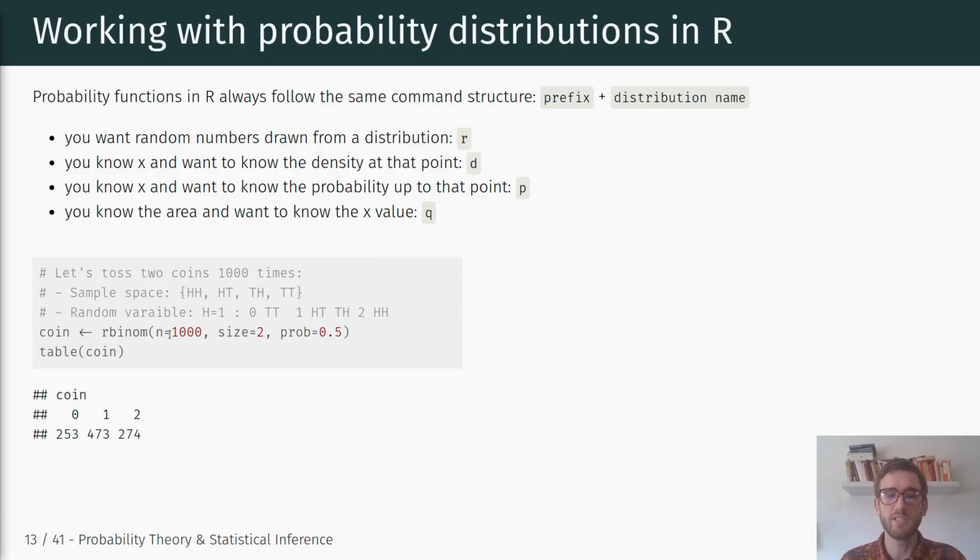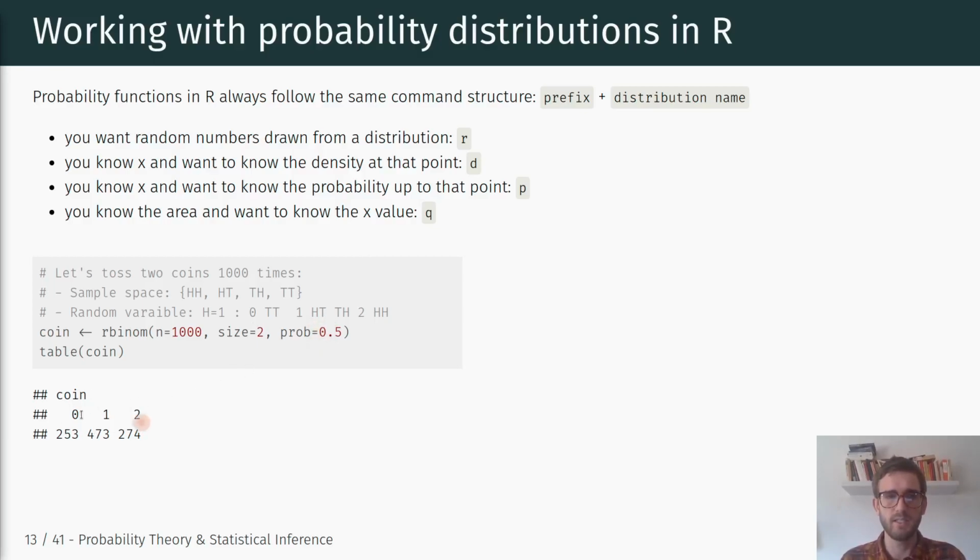We can directly take random draws from that distribution. It's a binomial distribution, so it's rbinom right here, 1,000 for the number of repetitions. Size is equal to 2. That's the n of the binomial distribution, the number of trials, and the success probability.